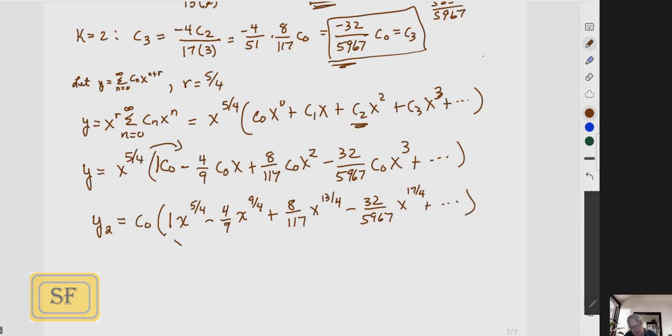So these, again, in the parentheses, are our linearly independent solutions. It doesn't really matter that each one is multiplied by C0.